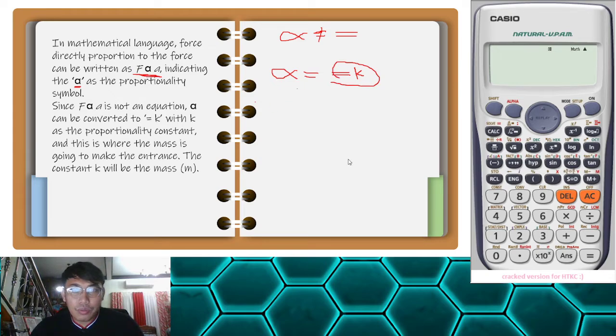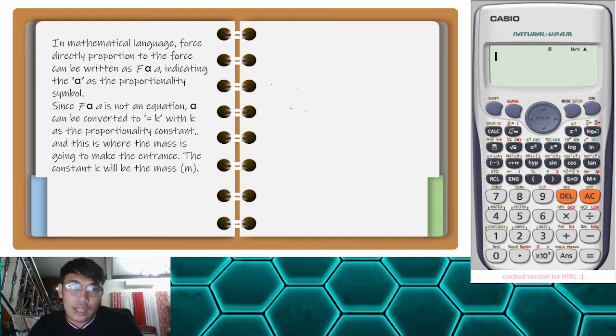For that constant, mass is going to take place. So this proportionality constant is what we call the mass, only for this instance, the force and the acceleration.